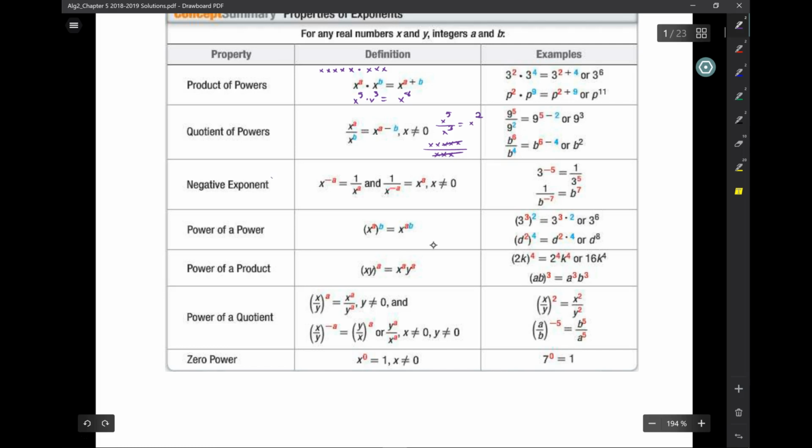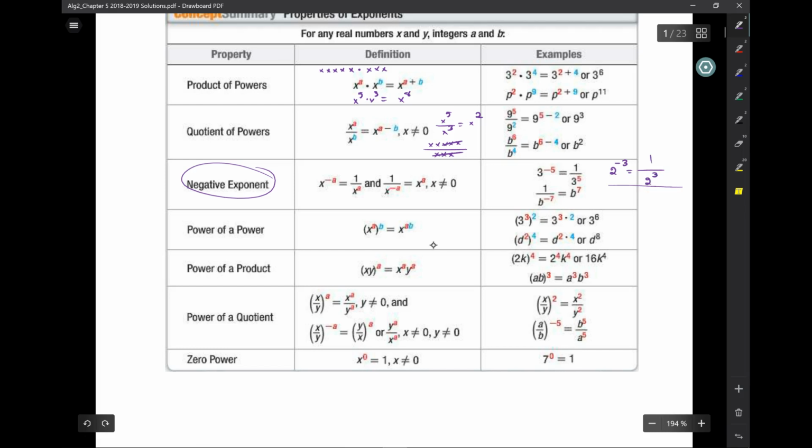All right, negative exponent. When you have a negative exponent, in order to make it into a positive exponent, you have to move it either from the top to the bottom or from the bottom to the top. So if you have 2 to the negative 3, that's 1 over 2 to the positive 3.